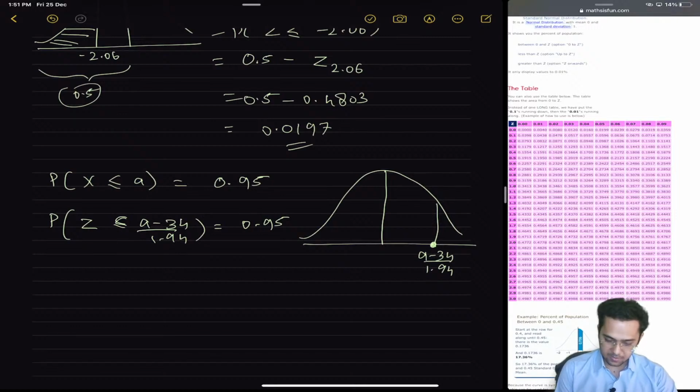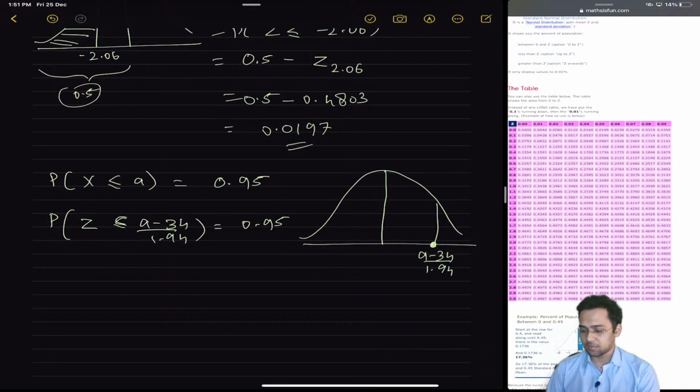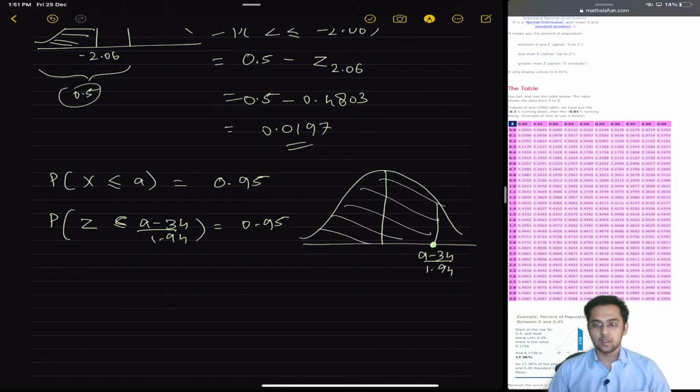It means this is 0.5 and this one is 0.45. So one portion is 0.5, another is 0.45. First half is 0.5 and the second half is 0.45.